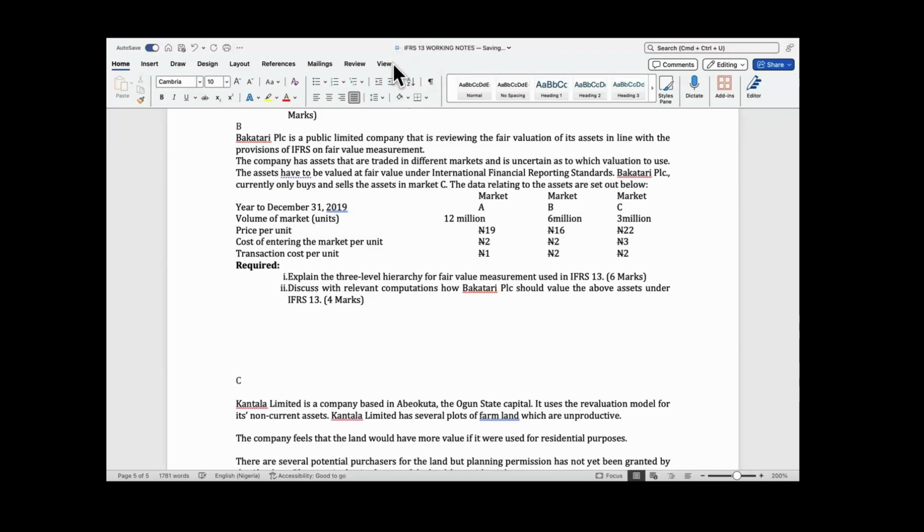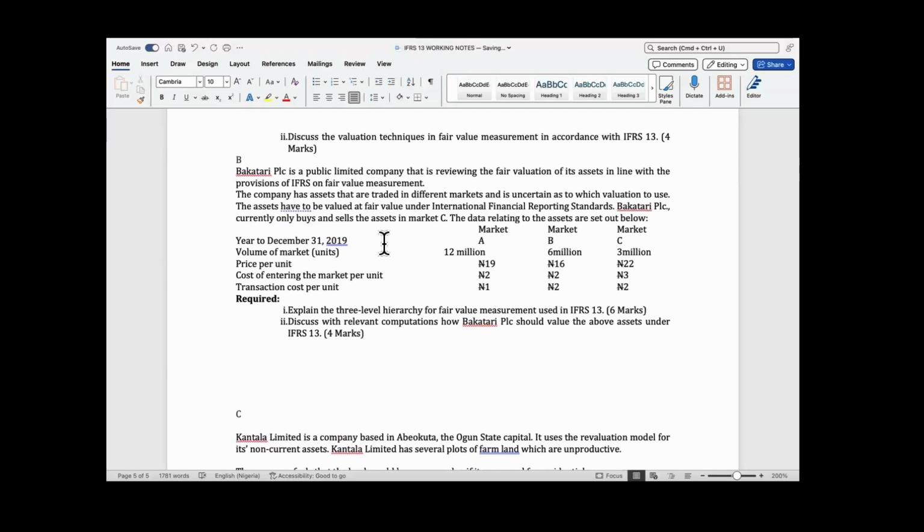Okay, so this is similar to the question we just read, just that this is more direct. They give us every information that we require. So going straight to the point, the company in this case is Atakari. So he wants to fair value some of his assets.